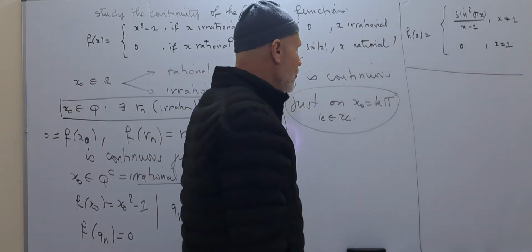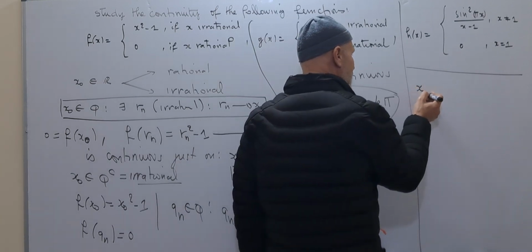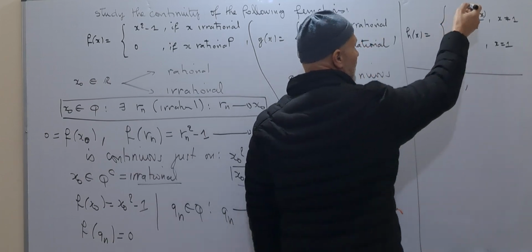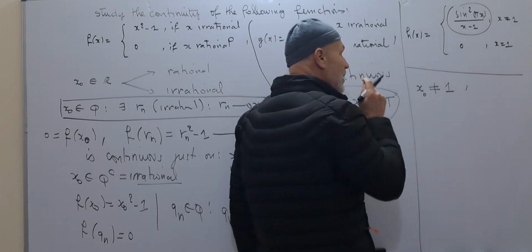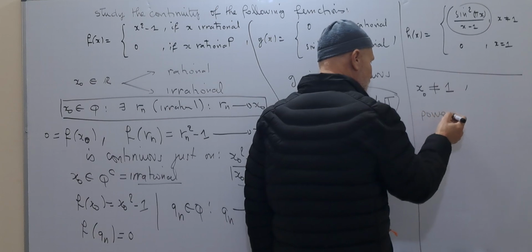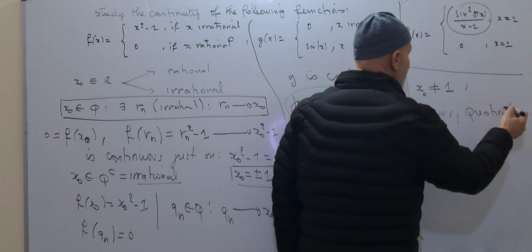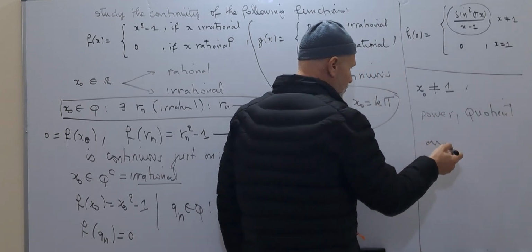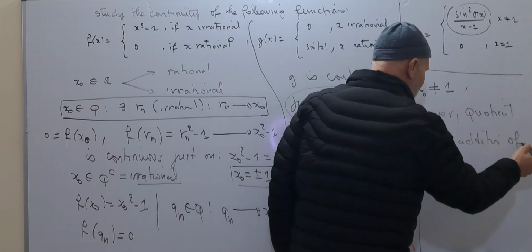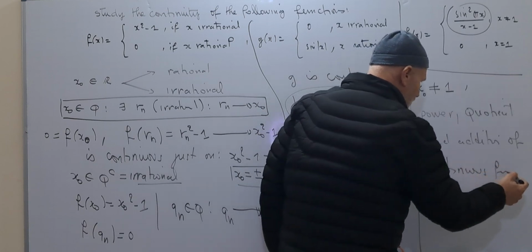Is this function continuous? The answer is yes. Why? Because if x0 is different from 1, this function is represented as power, quotient and addition of continuous functions.